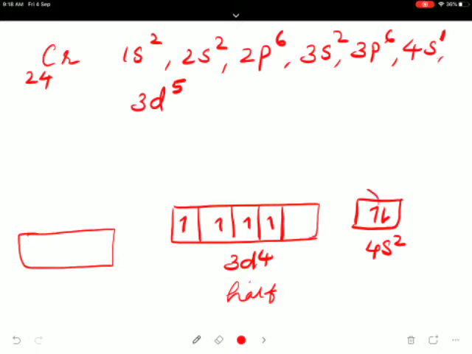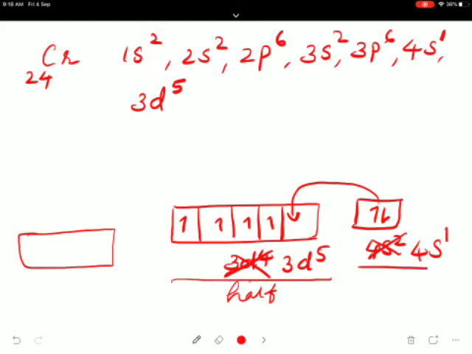One of these electrons is taken here, and the actual is 3d5, 4s1 instead of 3d4. This is the electronic configuration. 3d is written here followed by 4s. The electrons will go to 4s first.